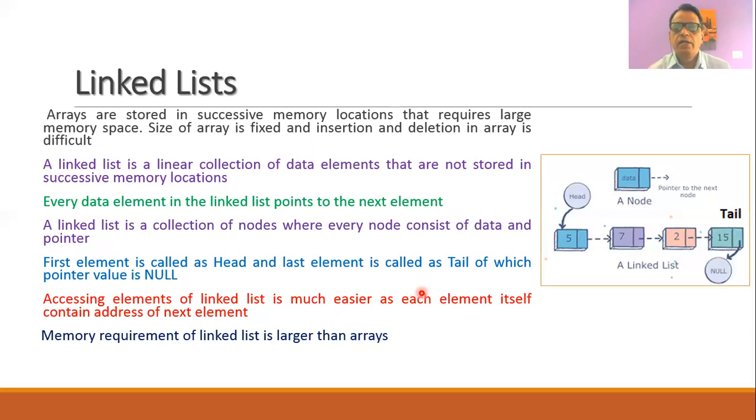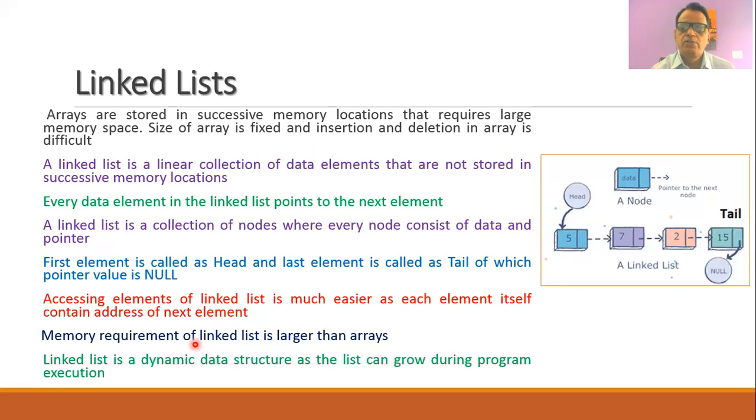But in case of a linked list, we require two columns. One column represents the value of the element, and the other column represents the link values or memory address values. Therefore, the memory requirement of the linked list is larger than that of arrays.